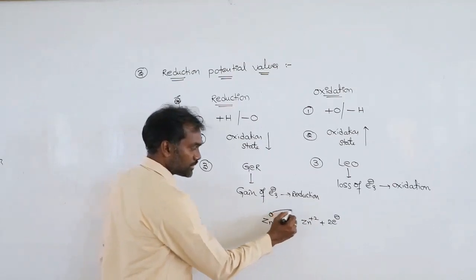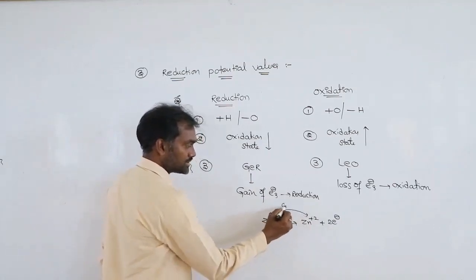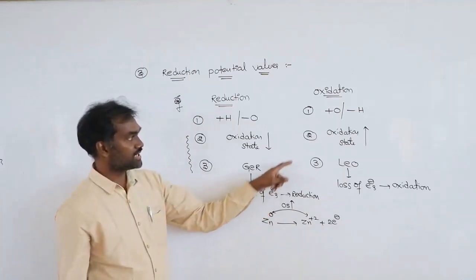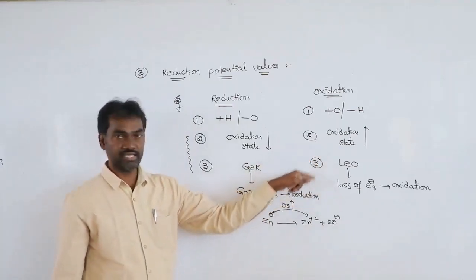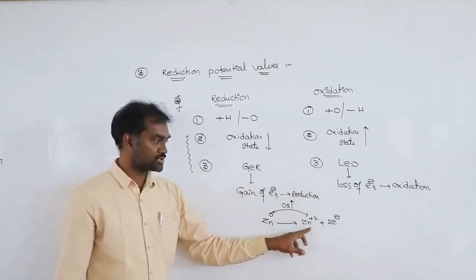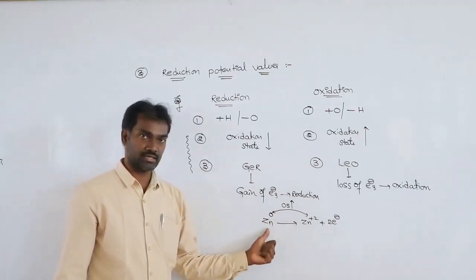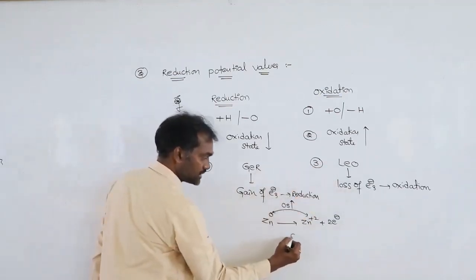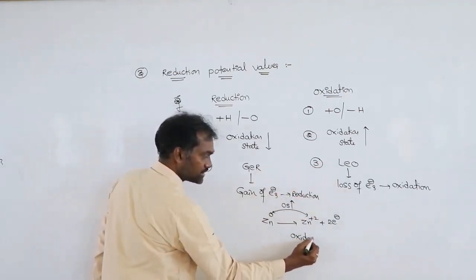So 0 to plus 2, the oxidation state increases, which means an oxidation process. Zinc becoming Zn plus 2 means it loses 2 electrons, so this is also called loss of electrons, which is oxidation.